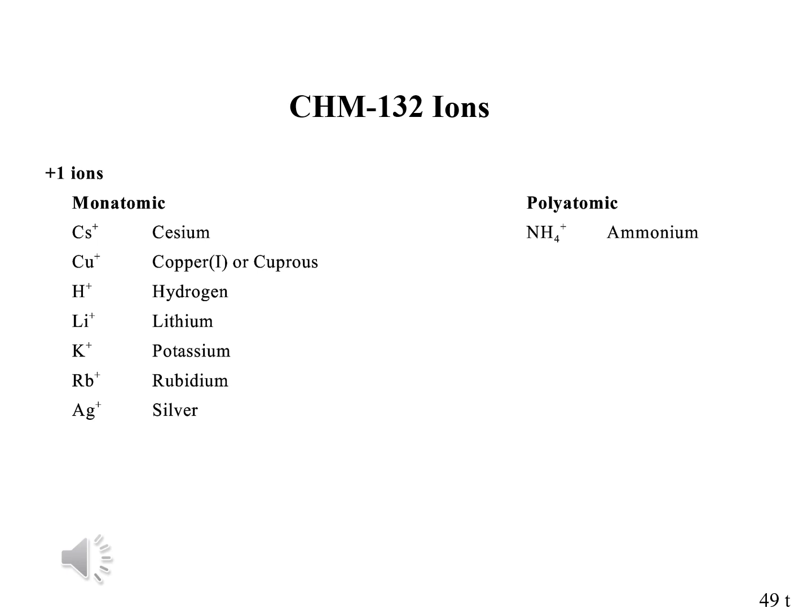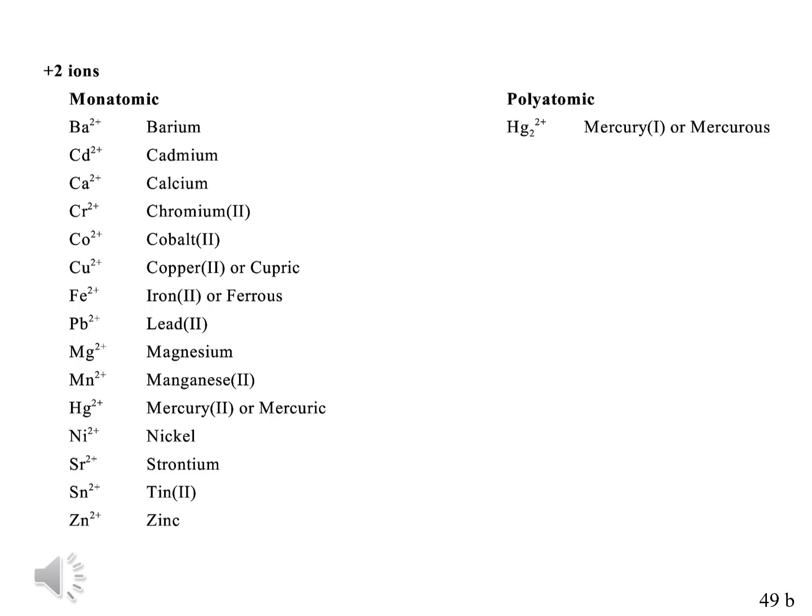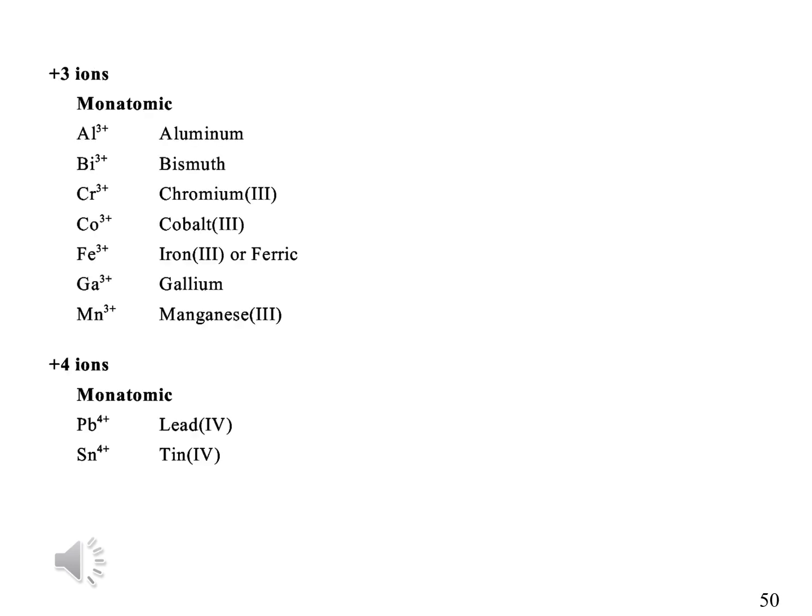But I did list the ions that I would normally want you to know according to, first of all, +1, and then here are ions that are +2, and here are ions that are +3 and +4. So these are the positives that I would normally ask, and we're going to talk about naming these in a second.